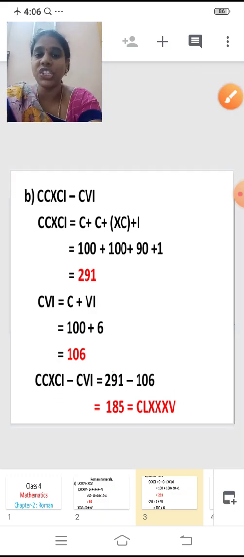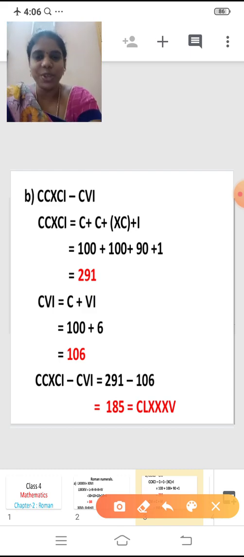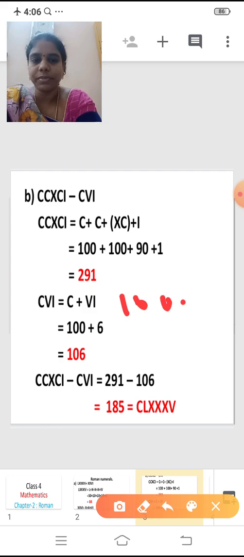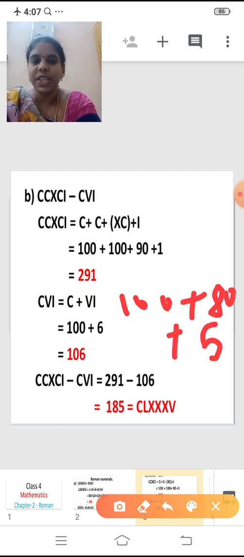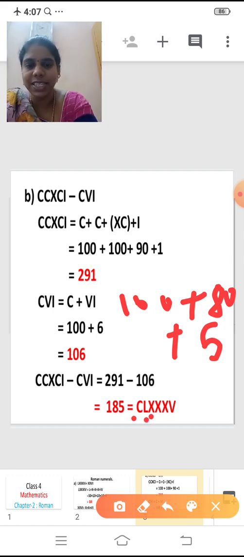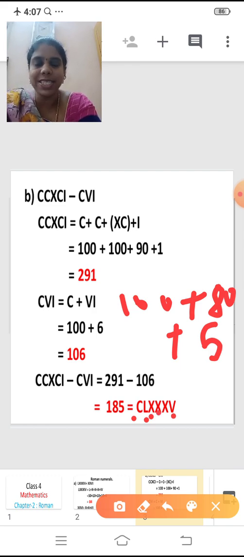Again, this you're going to change into a Roman numeral. 100 plus 80 plus 5. Now what is the Roman numeral for 100? C. 80, how to write 80? 50 plus 30. The value of 50 is L. 30 is XXX, 10 plus 10 plus 10 is 30. So C, L, X, X, X, plus 5.